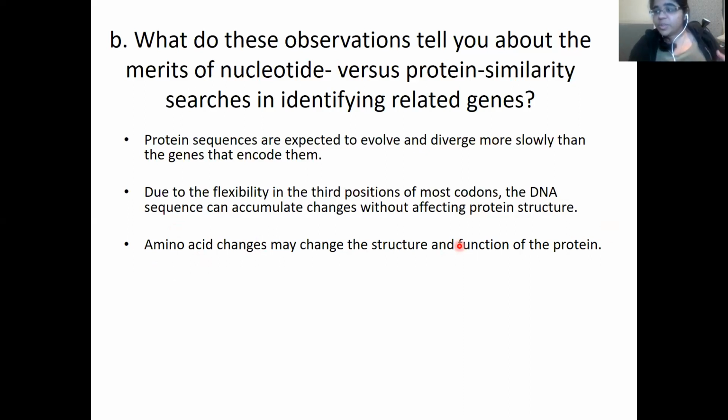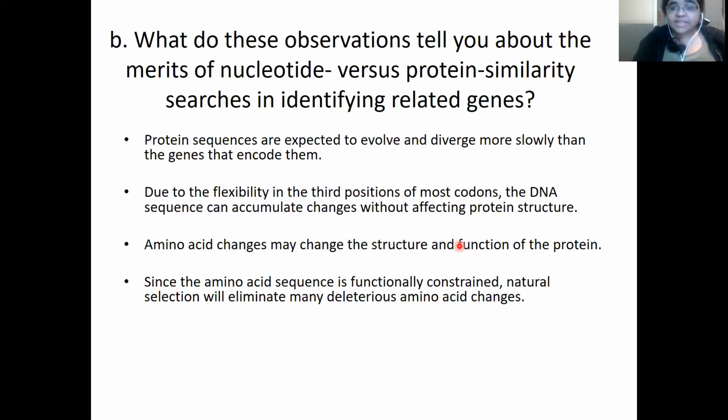Because remember, with the translation and protein talk we had, we know that the amino acid sequence of that protein is what determines the structure, right? And the structure itself determines the function, right? So since the amino acid sequence is functionally constrained, natural selection will eliminate any deleterious amino acid changes.